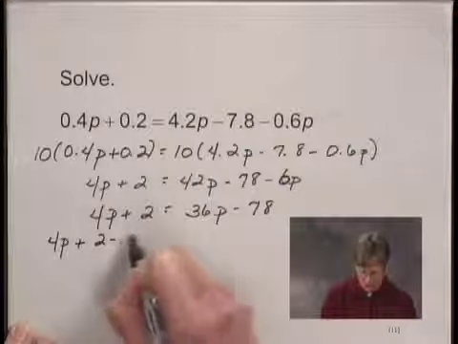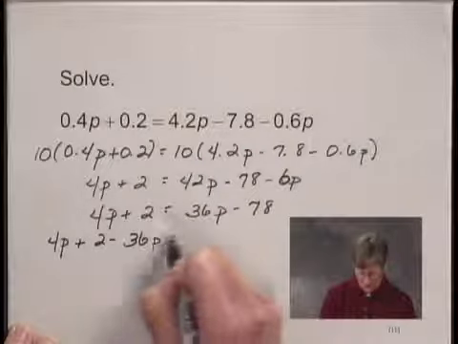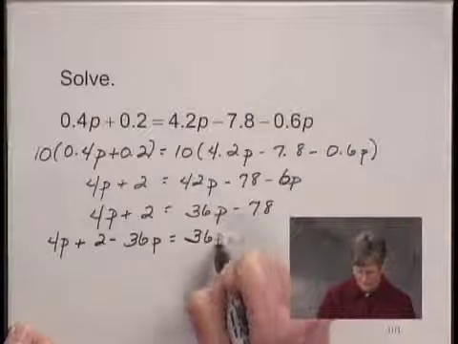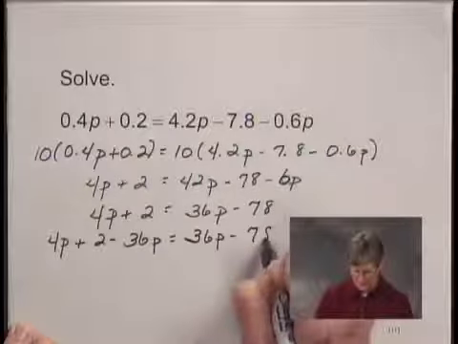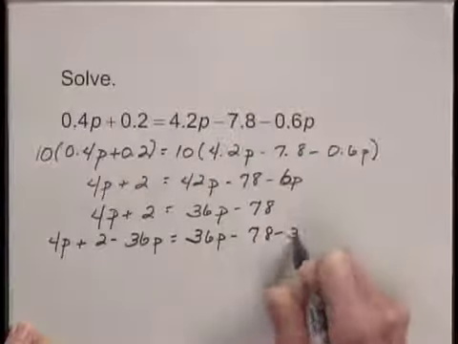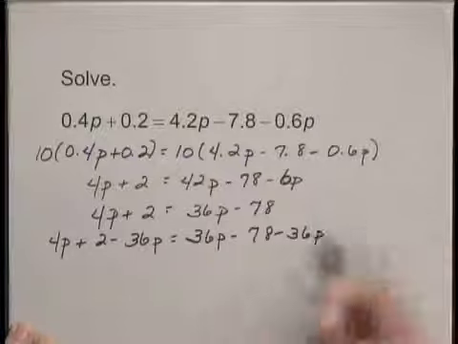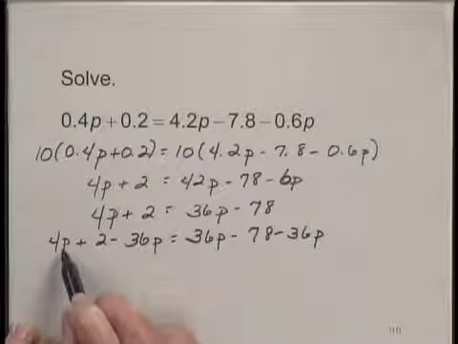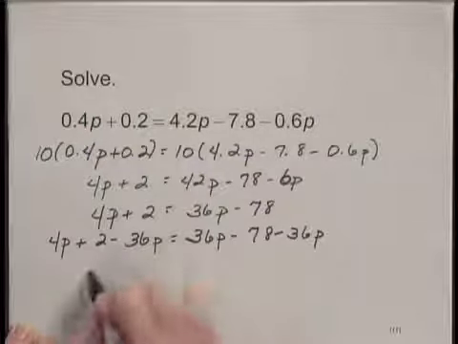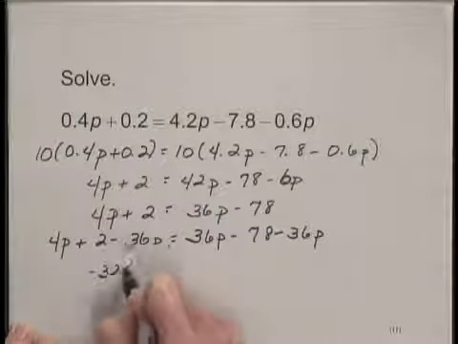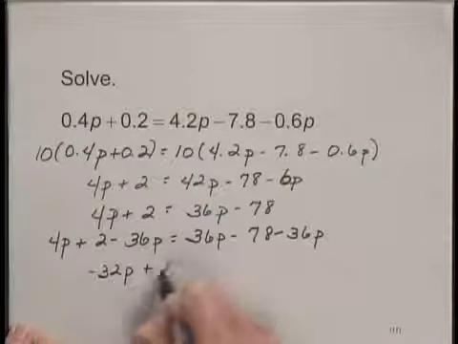4p plus 2 minus 36p equals 36p minus 78 minus 36p. Now on the left-hand side, 4p minus 36p gives me negative 32 times p, and then I have a plus 2.